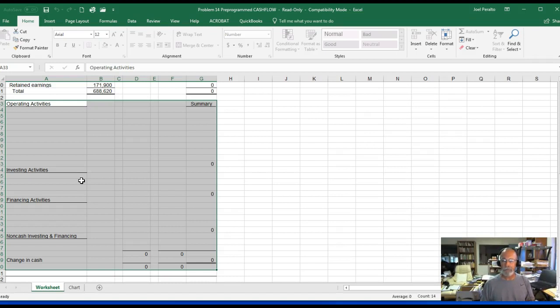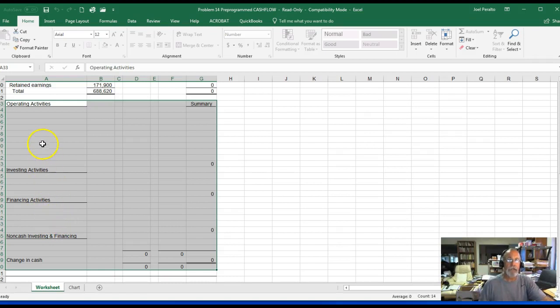We categorize them based on whether they reflect operating activities, investing activities, or financing activities. And when I'm teaching cash flows in class, I try to help students get a grasp on how we categorize cash flows according to those three different types of activities by having them focus on the types of accounts that are involved in analyzing and coming up with those cash flows.